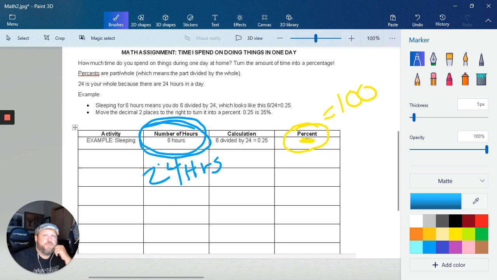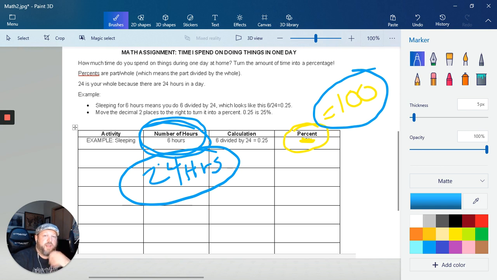It can't be 25. 25 moves us to a next day. 23 is not a full day. 24 hours. All right. As long as you guys have the 24 hours done and the 100 percentage done, this project's super easy. Just remember those two things. The hours have to be 24. The percentage has to be 100.